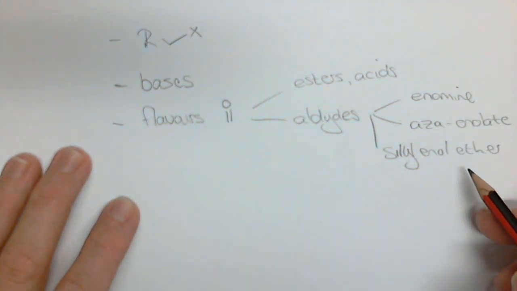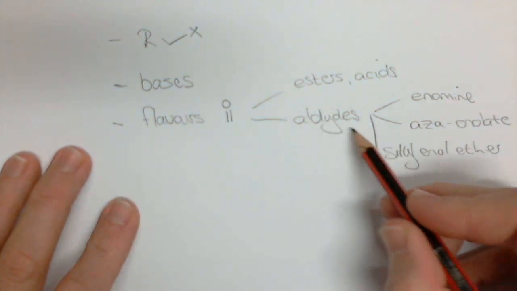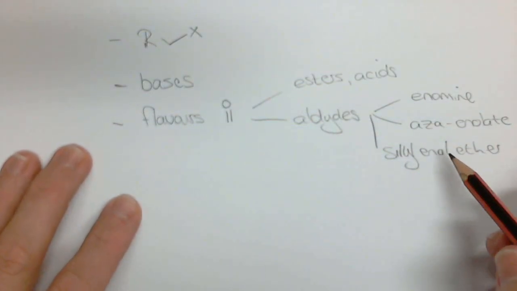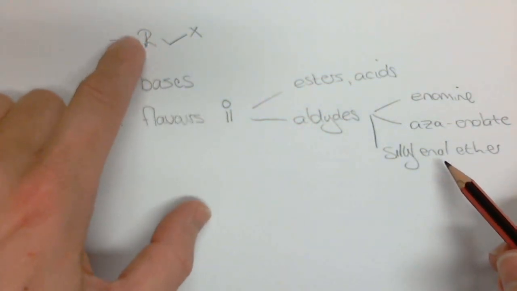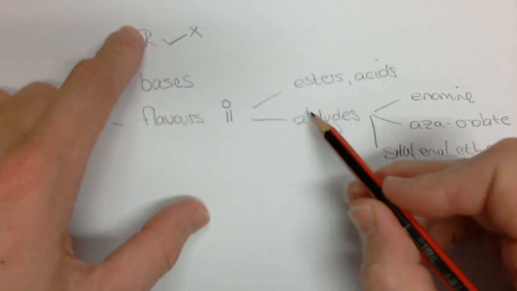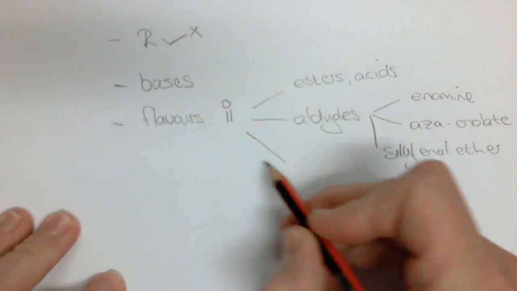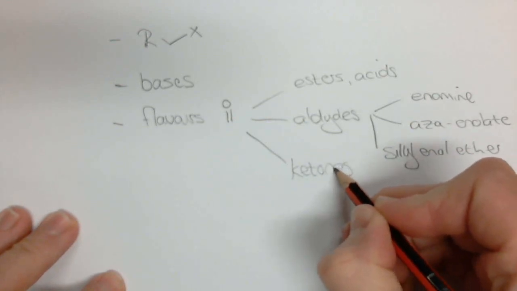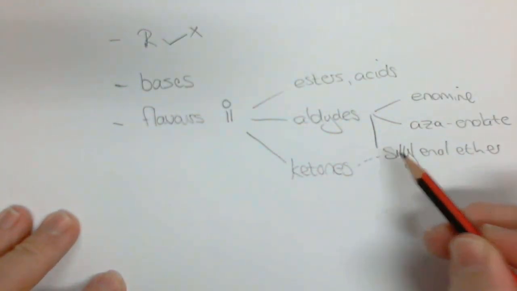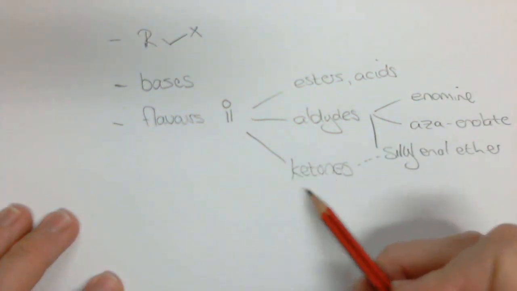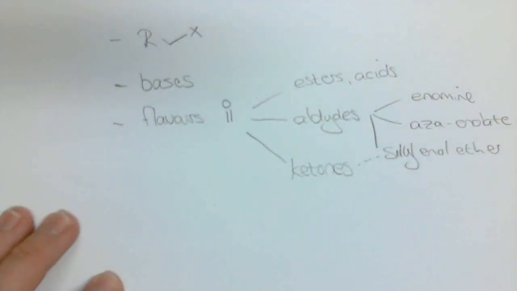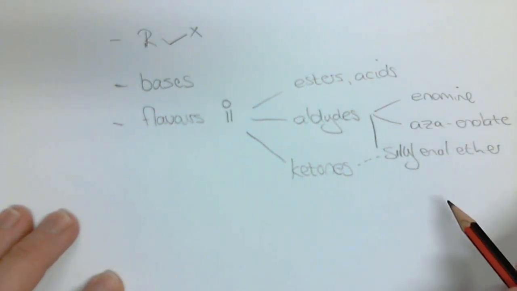The silyl enol ether was itself actually not only a solution to the aldehyde problem, but something that could be used in a whole lot of other enolate chemistry, particularly for reacting with sterically hindered alkylating agents. So it wasn't just with aldehydes, but also with the other flavor of the carbonyl group, and that is the ketone. With ketones, we can use silyl enol ethers to form the silyl enol ether from ketones and then react them at a later stage. So that's very common, and indeed we can use them with esters as well. So this is quite a broad feature.